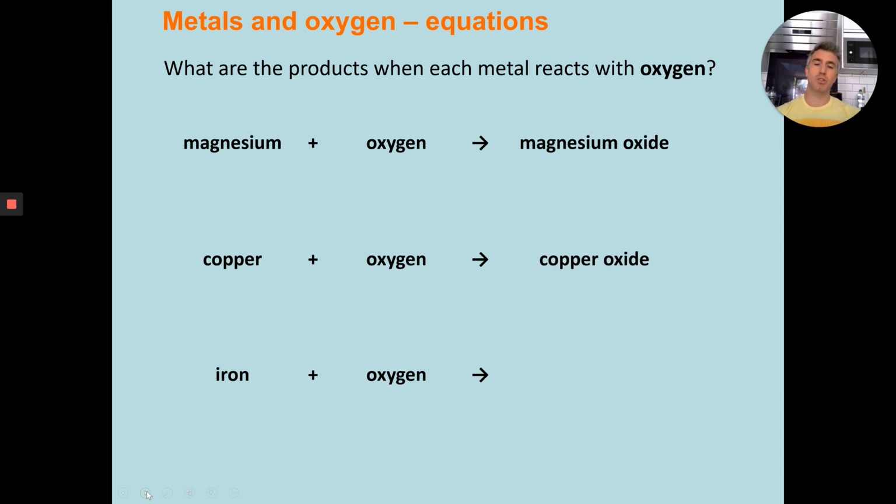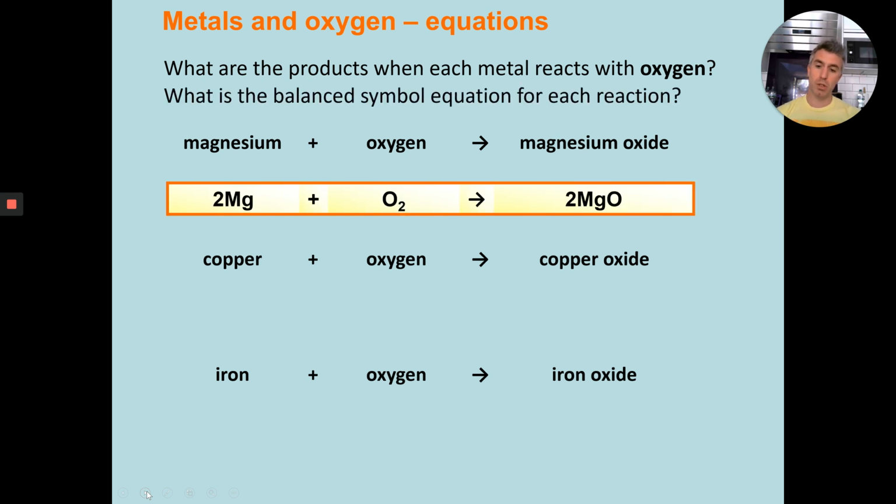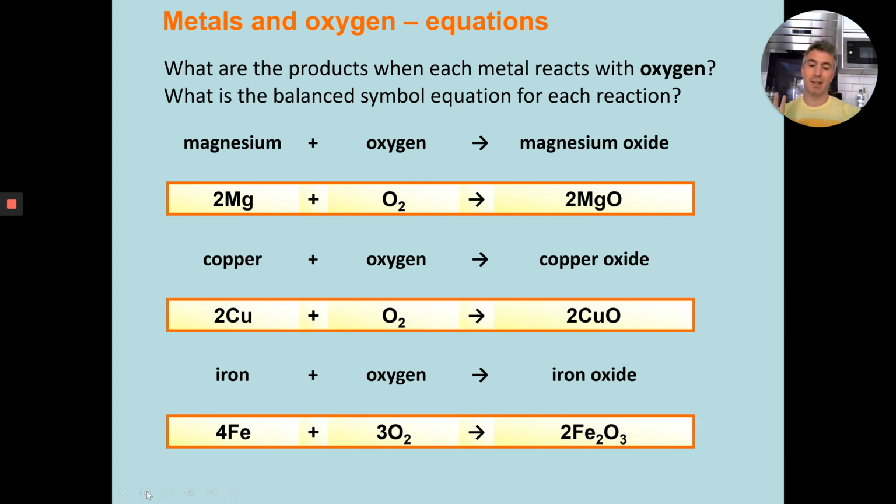And iron plus oxygen makes iron oxide. And if you wanted to balance them, all you do is change the element. But be careful, some things have different charges. 2Mg plus O2 goes to 2MgO. The charge on iron is not the same as the charge on copper and magnesium, and the ionic charges. We've done that already, if you haven't.